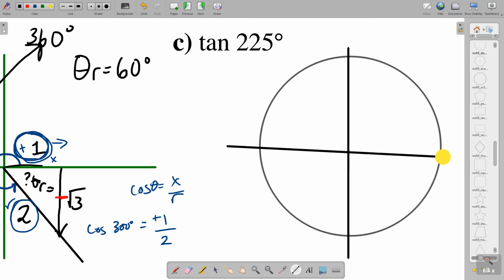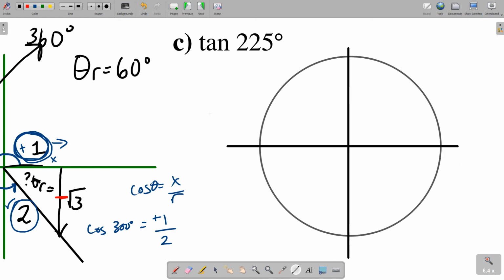Yes, I can go faster than you because now I have technology that moves faster than the human hand. 225 happens to be 180 and a bit more, namely down here. Terminal arm coming out. Zoom. There it is. Terminal arm.